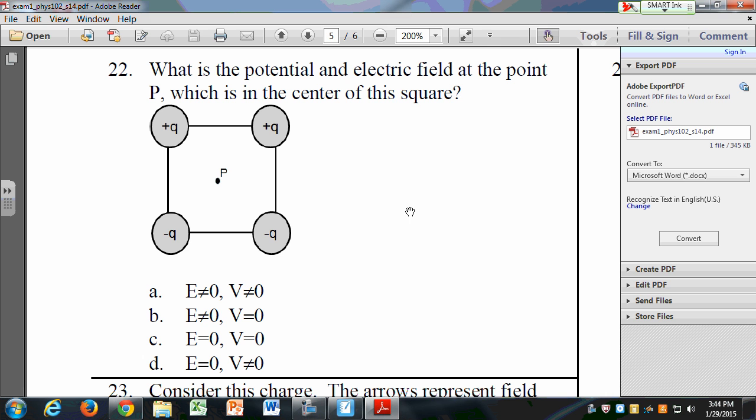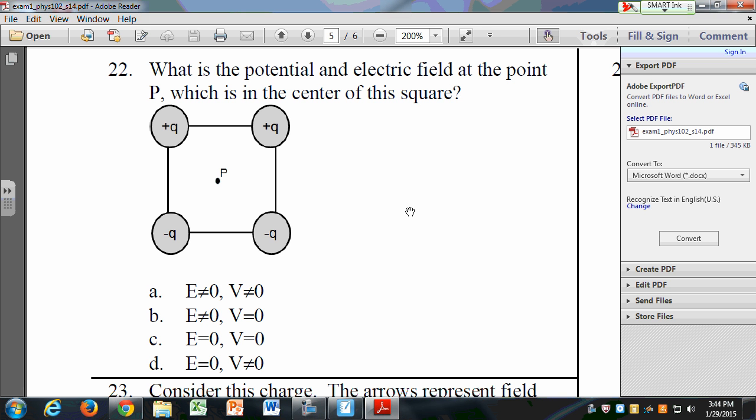Now you should be able to look at it right away and tell me, is the potential at point P 0 or not 0? The potential, which remember is a scalar quantity. 0 or not? It would be 0, right?